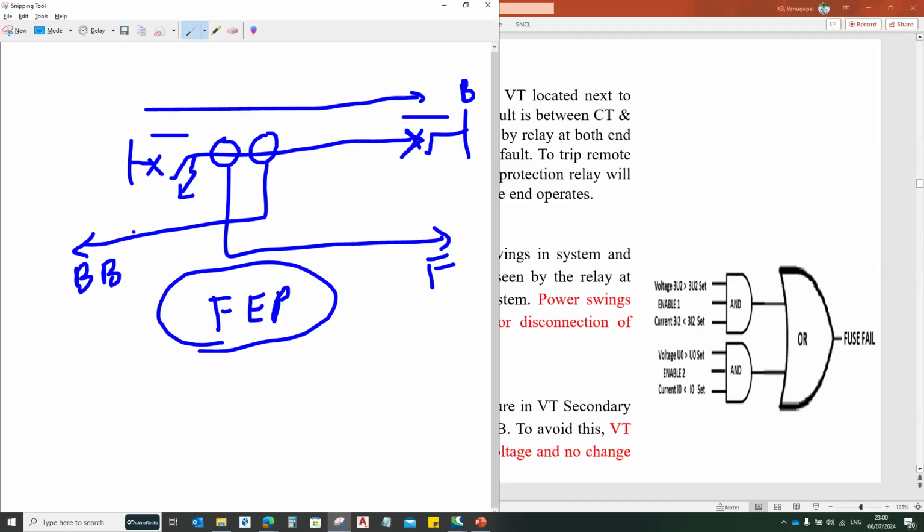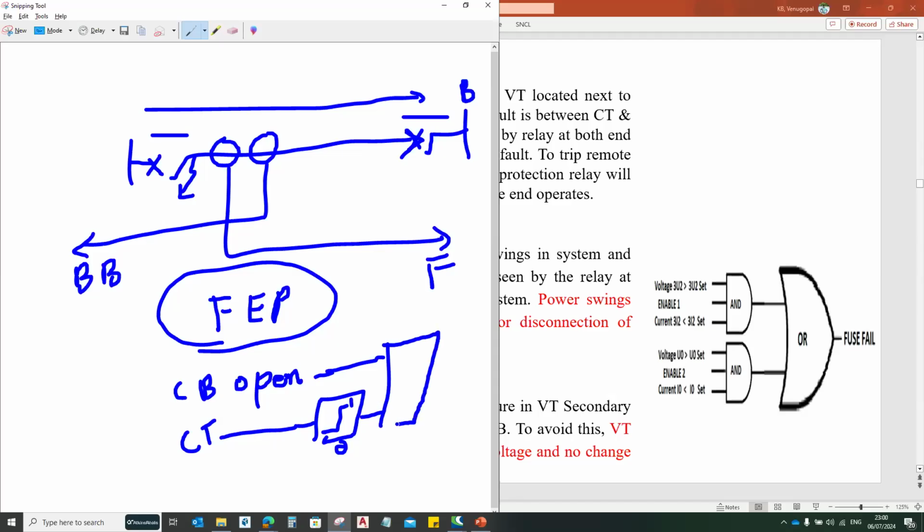After the busbar protection has operated and the circuit breaker is tripped, the feeder protection does not operate because for it the fault is beyond the zone.